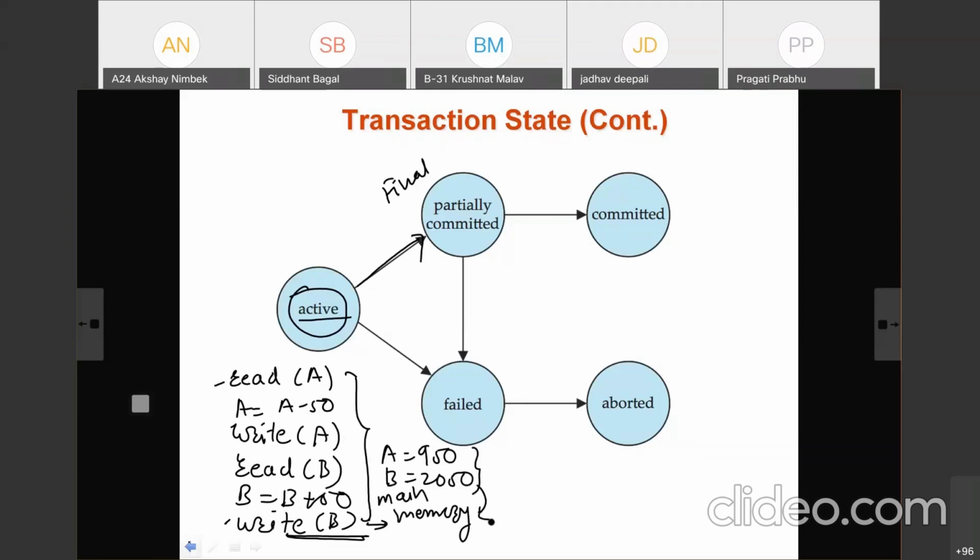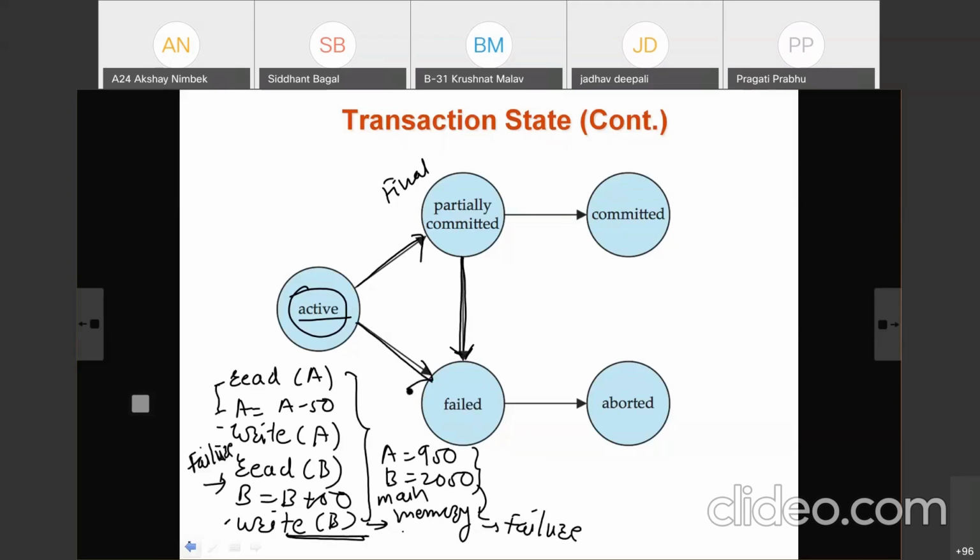In between, if a failure occurs before transferring it to the disk, what happens? System failure, power failure, disk failure, then it enters the failed state. So after execution of the last instruction also it may enter the failed state. Also, during the execution of these instructions 1, 2, 3, 4, 5, 6, if a failure occurs anywhere in between, the transaction can no longer proceed with its normal execution, and it enters the failed state.